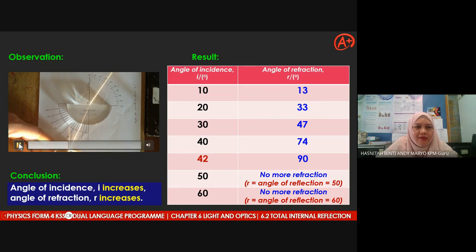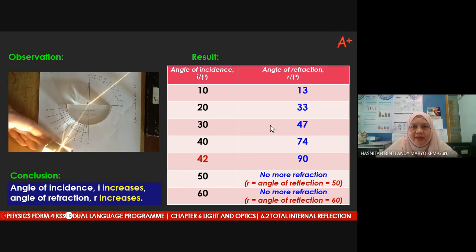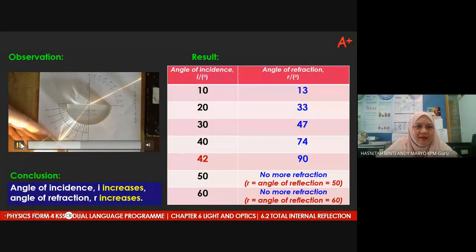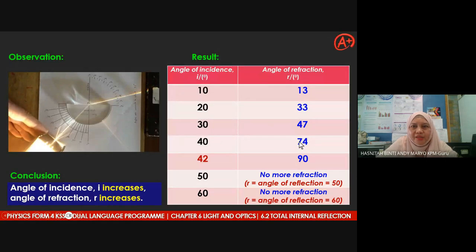And then when we increase to 30 degrees angle of incidence, the angle of refraction there is 47 degrees. Then we increase again to 40 degrees. Now this is 40 degrees, so you will find the angle of refraction is 74.